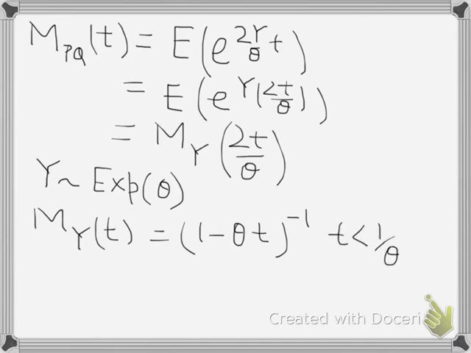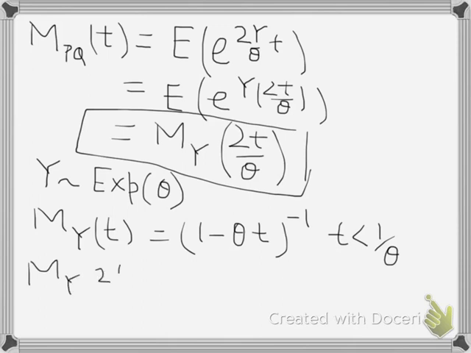That's the condition. So if this is what we have, and I want to find the moment generating function at 2t over theta, all I'm going to do is replace t by 2t over theta.